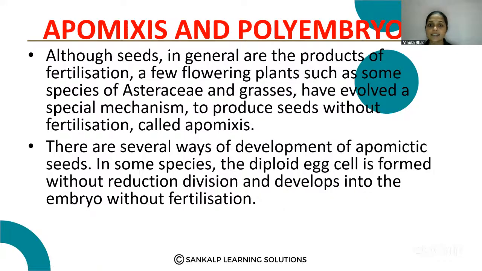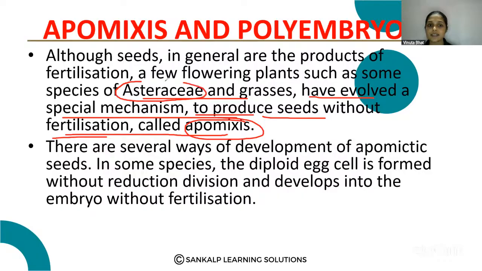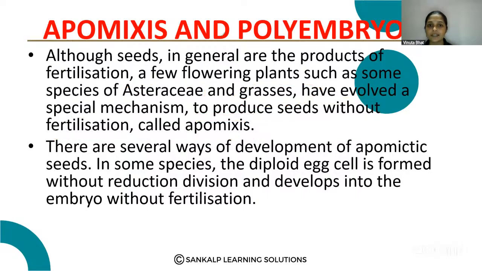Here, species of Asteraceae and grasses have evolved a special mechanism to produce seeds without fertilization, called apomixis. So examples: Asteraceae and the grasses. Very important, note this down. So that is apomixis and polyembryony.